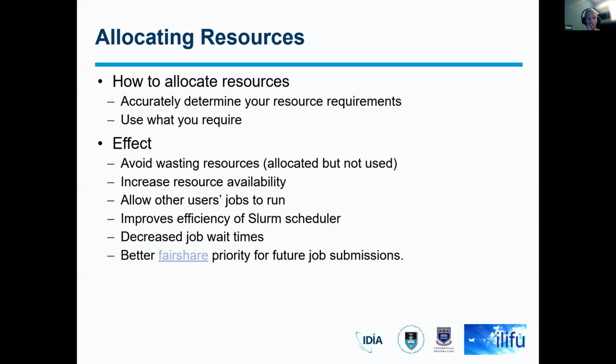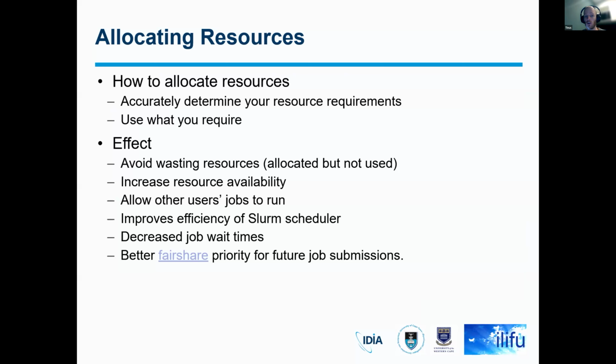It sounds really easy, but in practice, unfortunately, it can be quite difficult. The effect of doing this is that you'll avoid wasting resources, because you're not requesting more than you need. You'll increase resource availability for everybody else in the cluster, and basically allow other users to submit jobs and use those available resources.